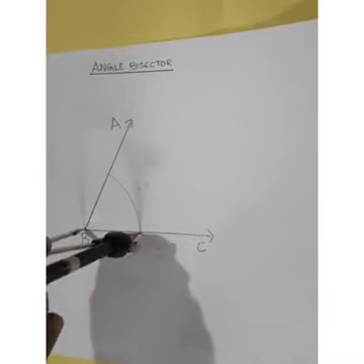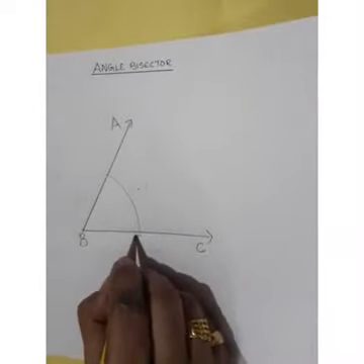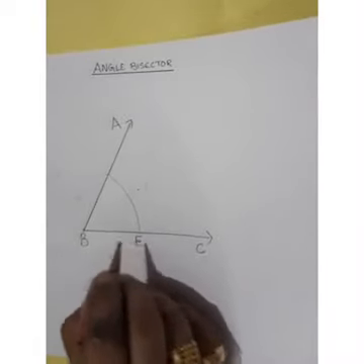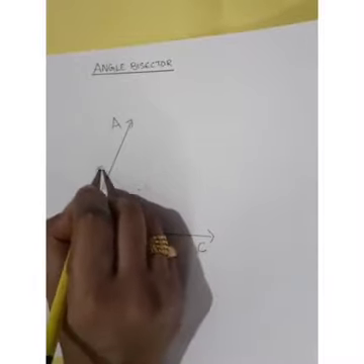That arc meets the ray BC at the point E and the ray BA at the point F.